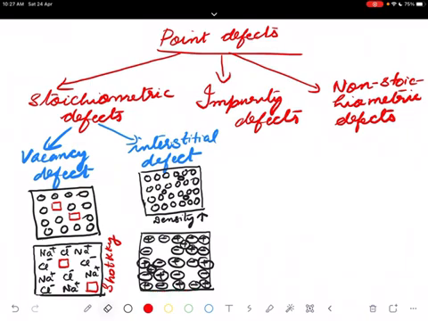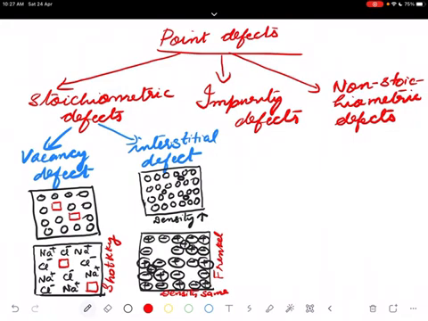We call this defect Frenkel defect. This defect is Frenkel defect.